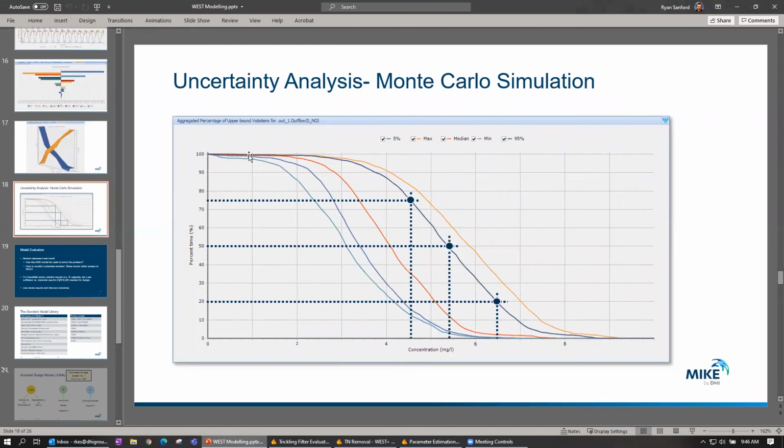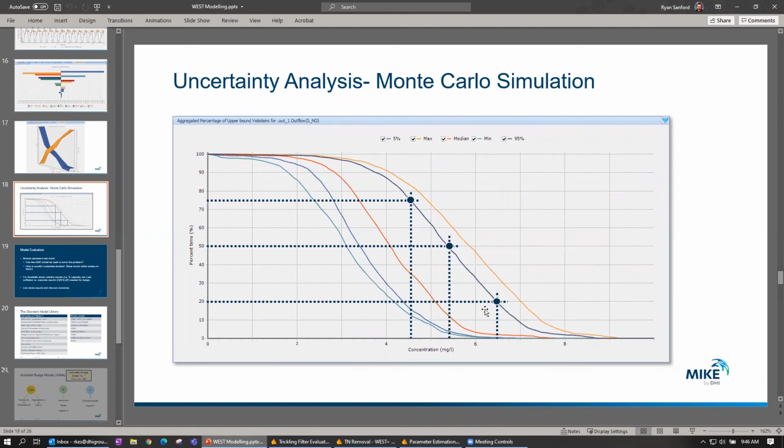And then it does a bunch of statistics that I don't remember from college stats, but basically this blue line is the 95th percentile. So we can say that we're 95% confident that we will operate on or underneath that curve.